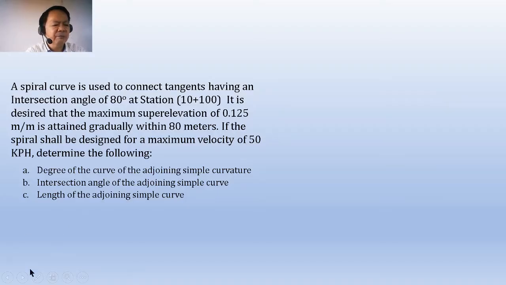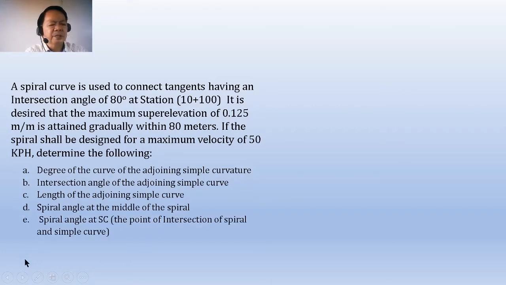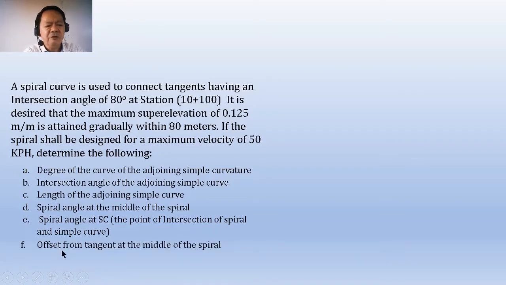Aside from that, we are also required to determine the spiral angle at the middle of the spiral, the spiral angle at SC or at the point of the intersection of the spiral and the simple curvature, as well as the offset from tangent at the middle of the spiral and the offset from tangent at SC.